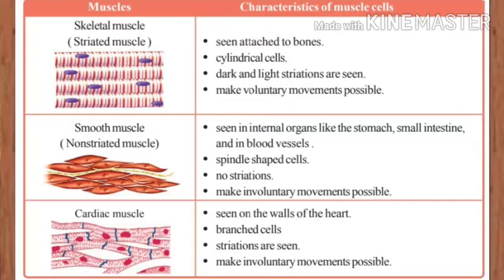They are spindle-shaped cells with no striations. Involuntary movements are made possible and they are seen in internal organs like the stomach, intestine and blood vessels. Cardiac muscle is seen on the walls of the heart, branched, cylindrical, with striations, and involuntary movements are made possible.